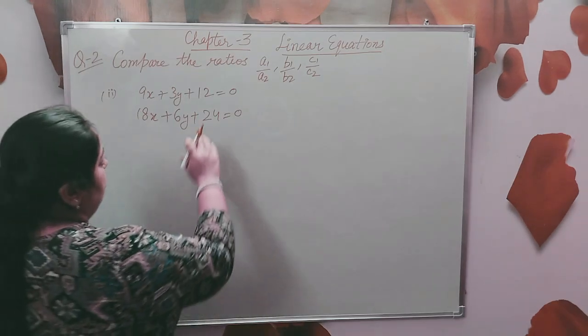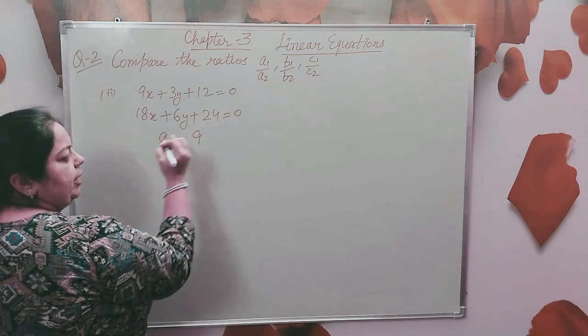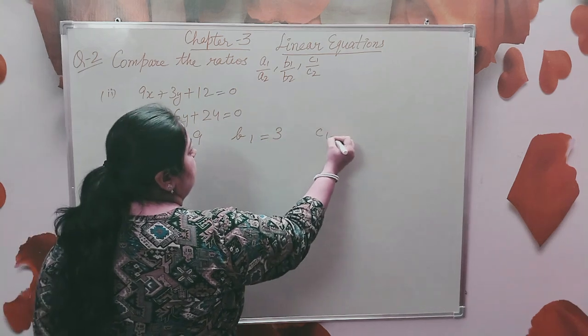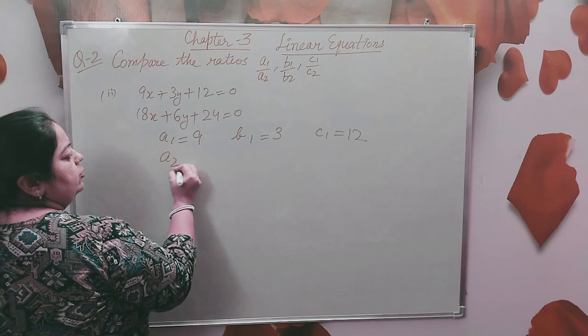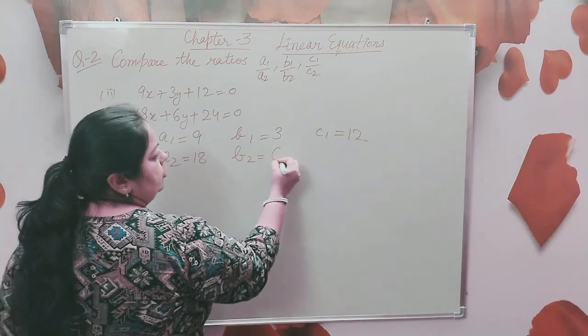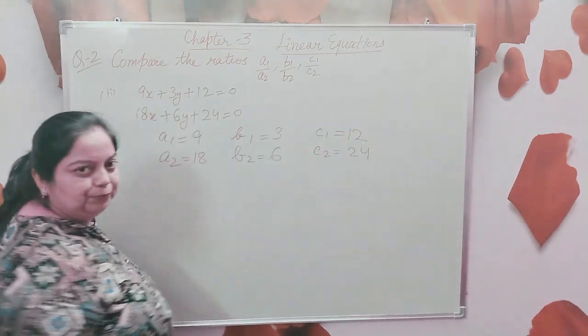That is given. Okay. Now first we write a1 that is equal to 9, b1 equal to 3, c1 is equal to 12. Then a2 is equal to 18, b2 is equal to 6, c2 is equal to 25.